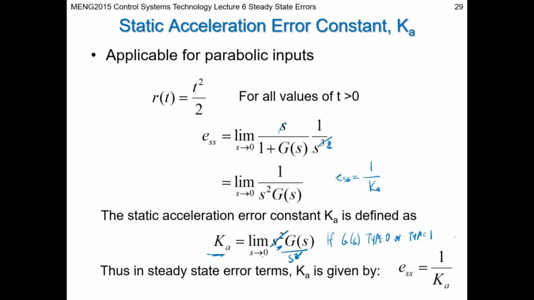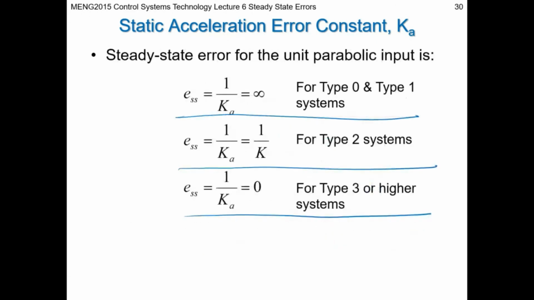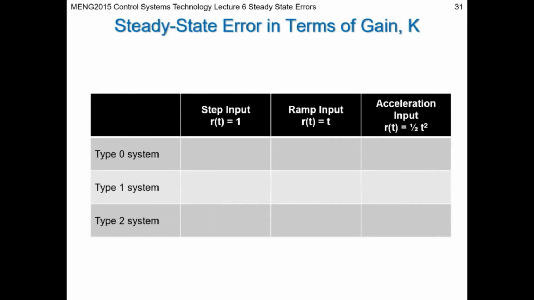Then that s on the bottom will go to 0, and your Ka goes to infinity, and therefore you have 1 upon infinity, which is 0. It all depends on how many pure integrators you have in your transfer function, as to what kind of system inputs you can actually follow.